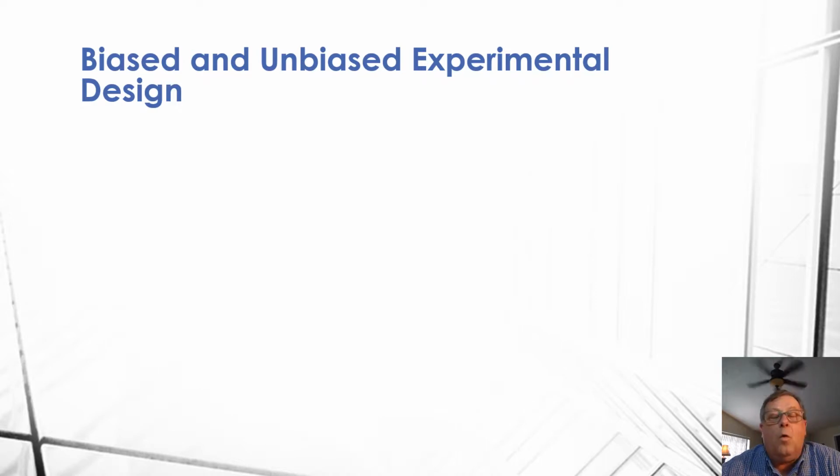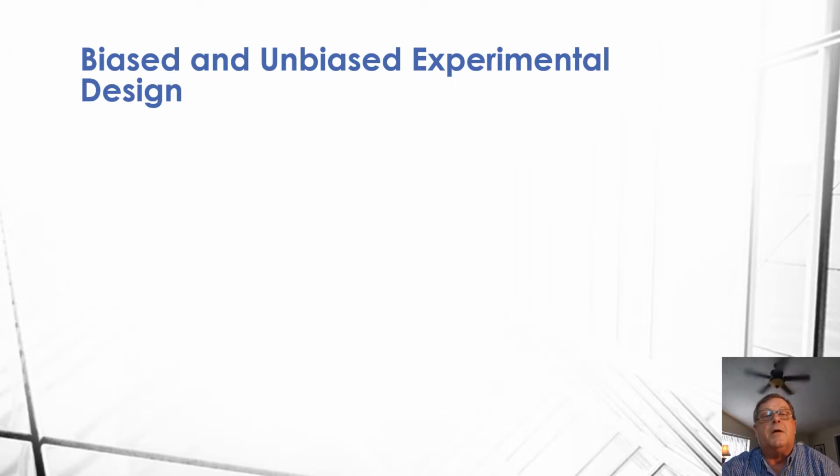If we want to avoid bias in an experiment, we want to make sure that both the control group and the experimental group are randomly selected, and that there is only one difference between the two groups, so that a change could be observed. We're just looking for that one difference.